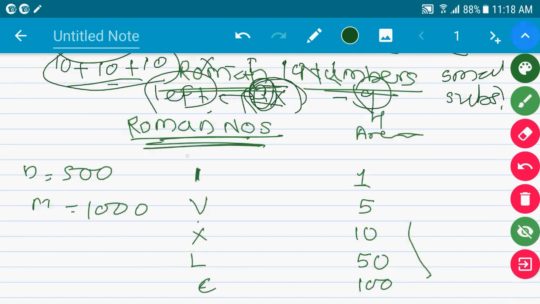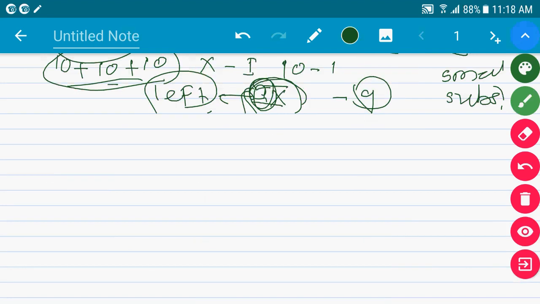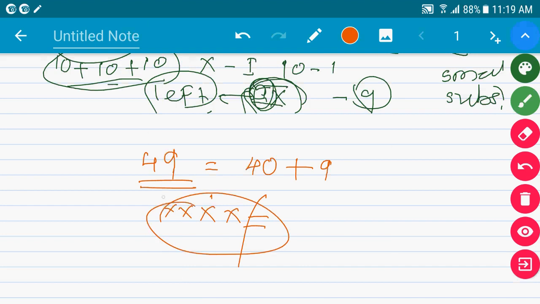Now what is the next thing I have to explain to you? If I have to write 49, how am I going to write it? 49 should be written in the expanded form as 40 plus 9. I cannot write 4 times X for 40, this is wrong. What should I do? Which symbol represents 50?